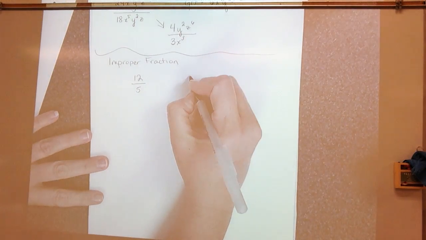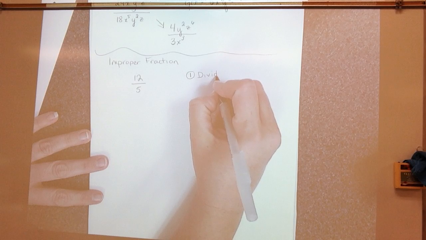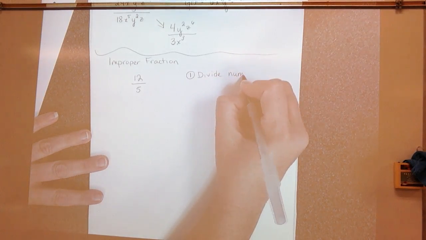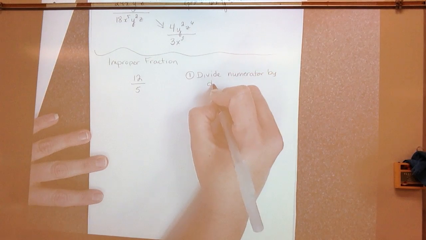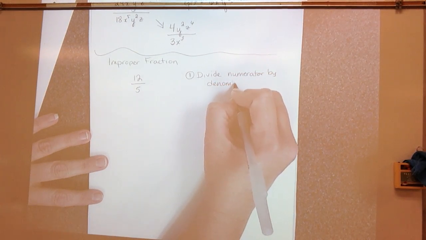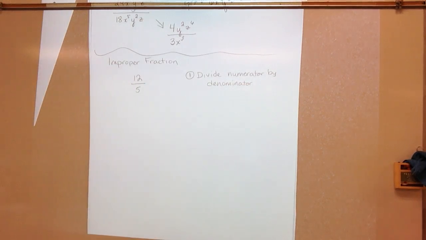The first thing you're going to do is divide the numerator by the denominator. So I'm going to divide this. 5 goes into 12 how many times?